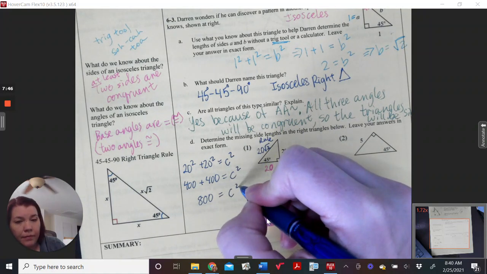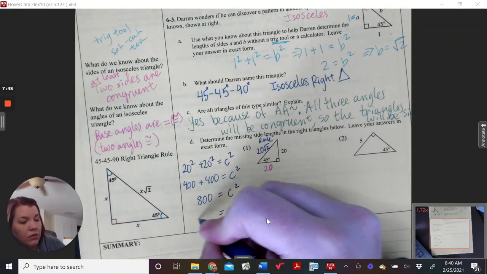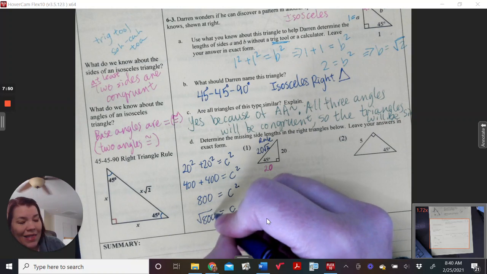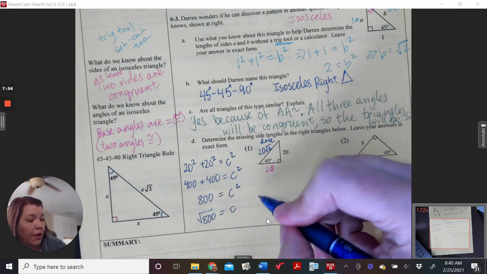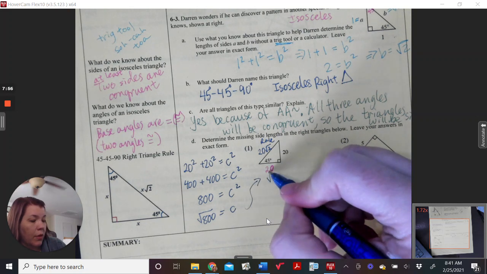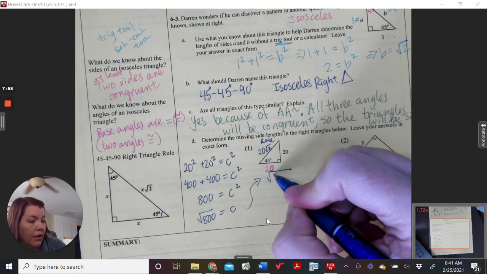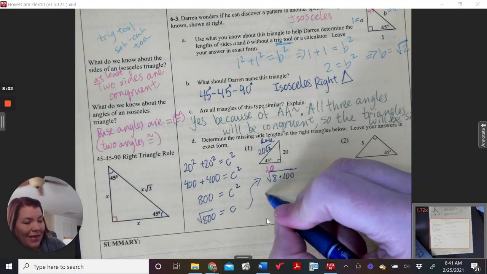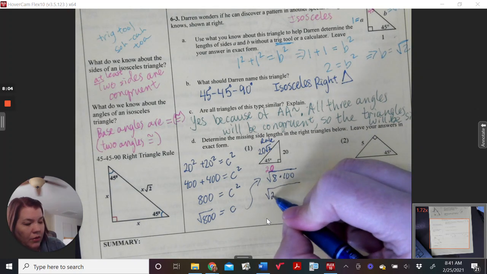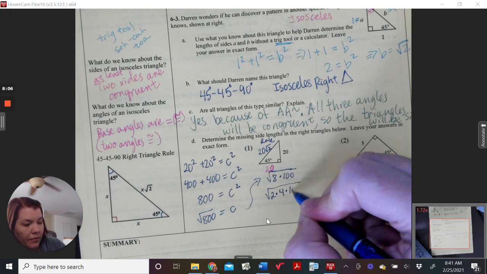And this is why we were practicing simplest radical form. The square root of 800 breaks up into 8 times 100, which is probably pretty obvious. And then 8 breaks up into 2 times 4. So I'm going to have the square root of 4, the square root of 100, and the square root of 2.